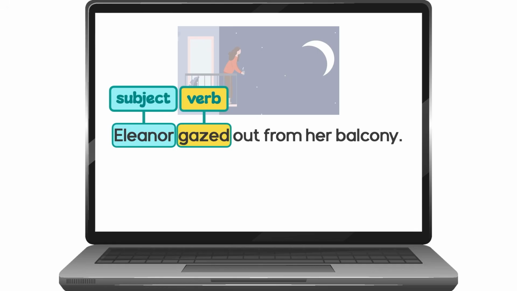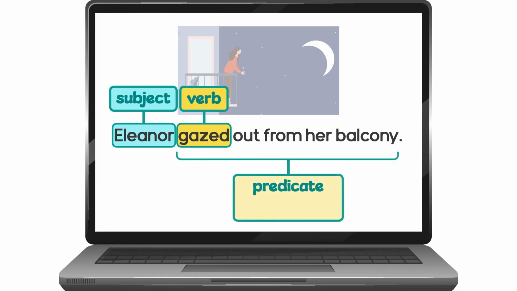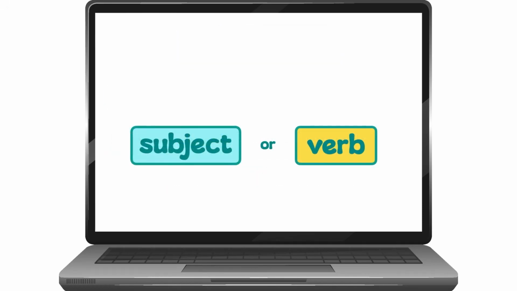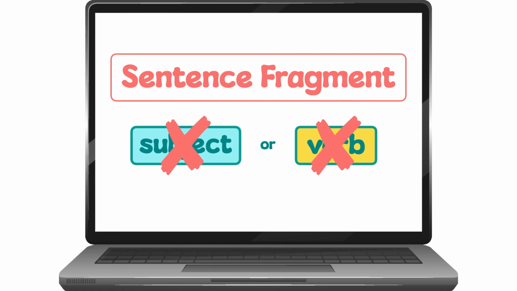The rest of the sentence is what we call the predicate, which includes the verb and all the words that tell more about it. This is a complete sentence because it has both a subject and a verb. Now, if a sentence is missing a subject or missing a verb, we call it a sentence fragment.